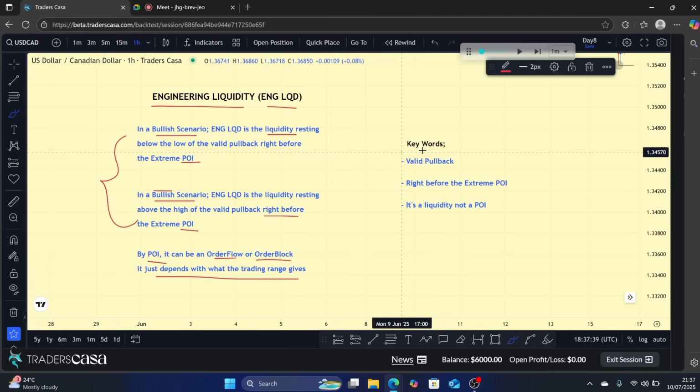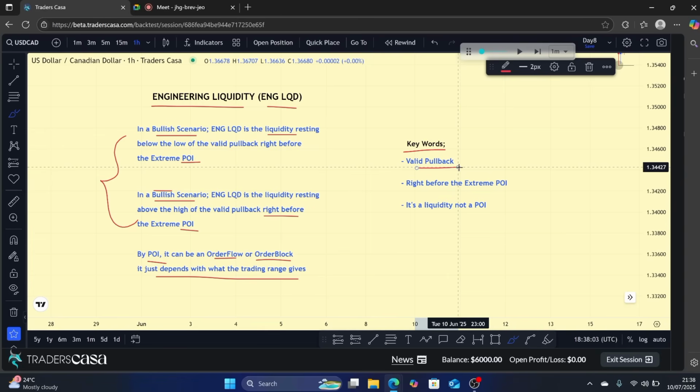Now here are the keywords. The first keyword is a valid pullback, just like in inducement. If you don't know how to identify a valid pullback, you need to start with that, it is a very important part.